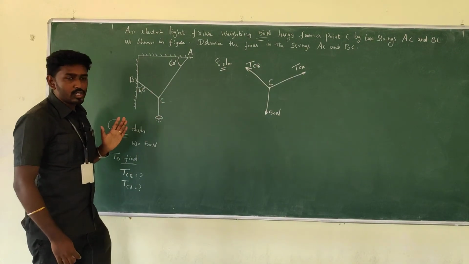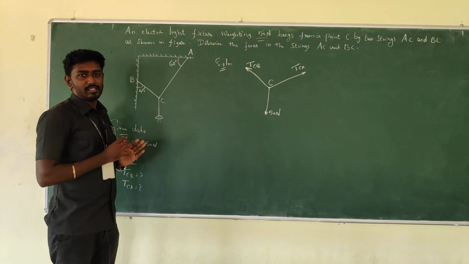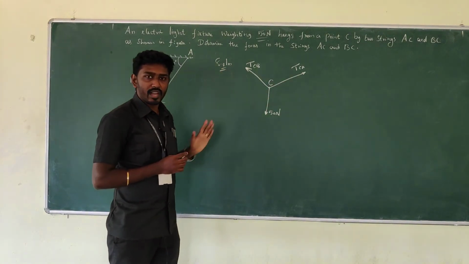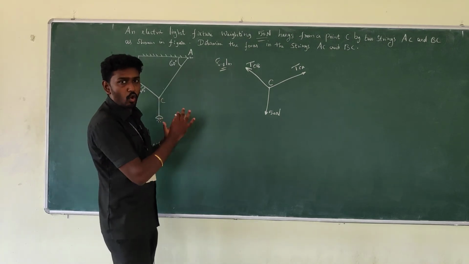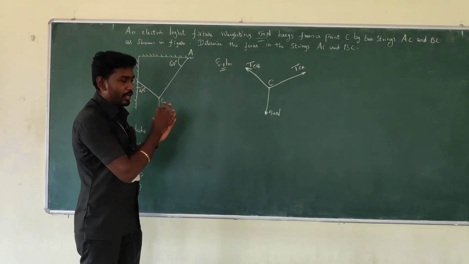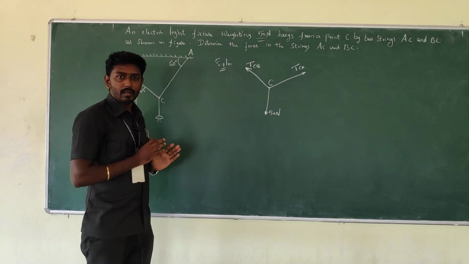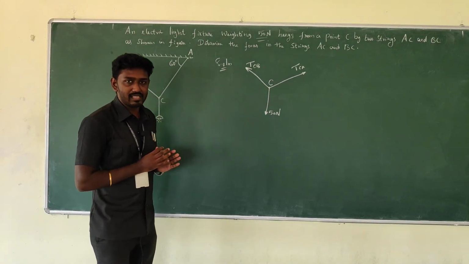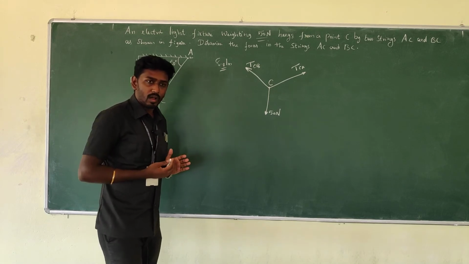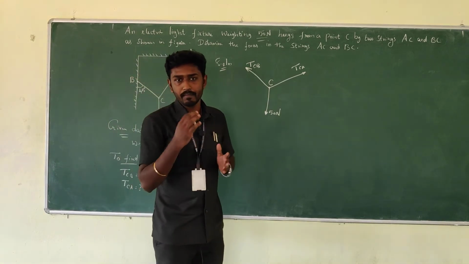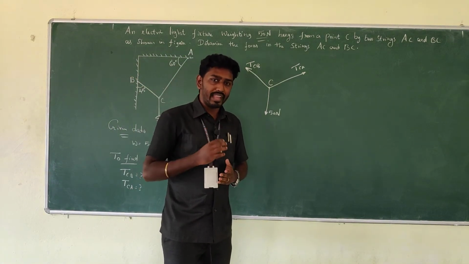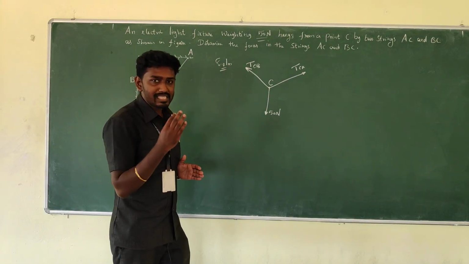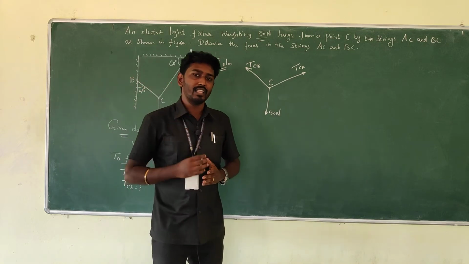So now we are going to follow Lami's theorem method. We have three forces acting, three coplanar forces which are in equilibrium. We are going to solve through Lami's theorem. Lami's theorem says that to get the magnitude of any force, the force is directly proportional to the sine of the angle between the other two forces.